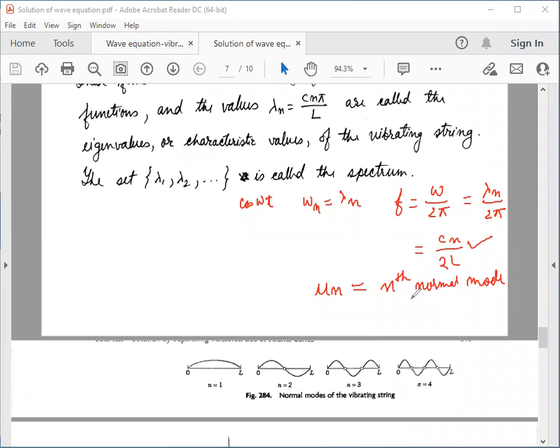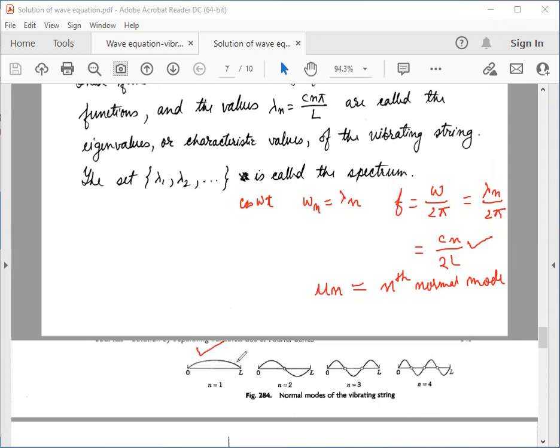The first normal mode, that is when n is equal to 1, is known as the fundamental mode. So here I have shown it in a figure. This is the fundamental mode.